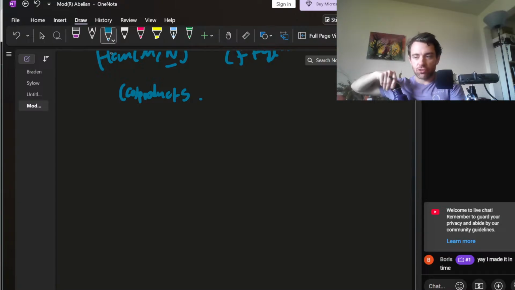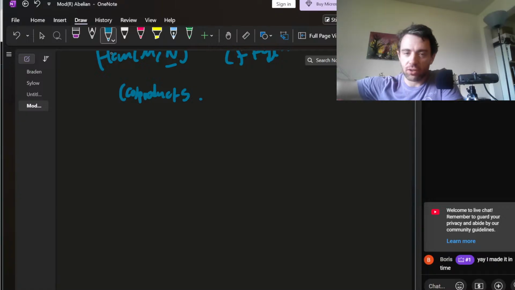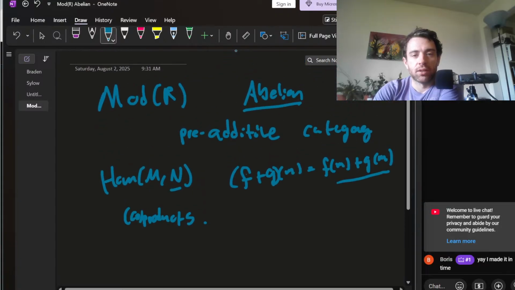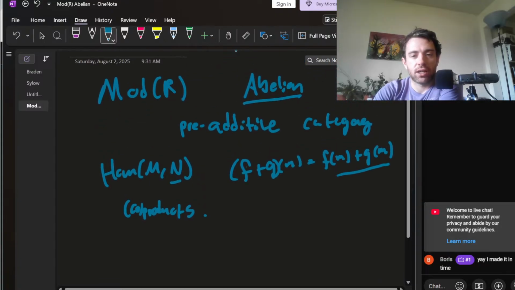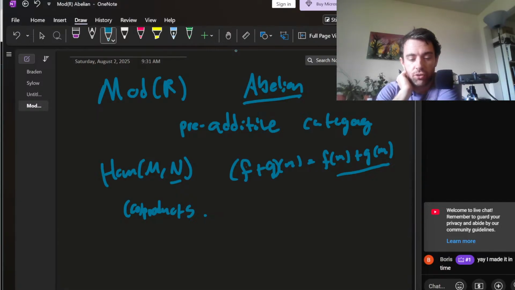So really the essential feature here is just having finite products and coproducts. And in fact, the interesting theorem is that on any additive category, there's a unique way to make it pre-additive. And since that comes just from the structure of products and coproducts, every additive category can be realized as such, essentially in an internal way.